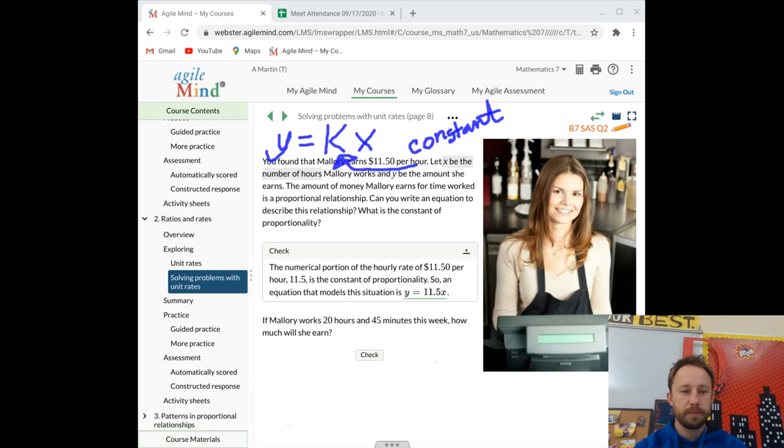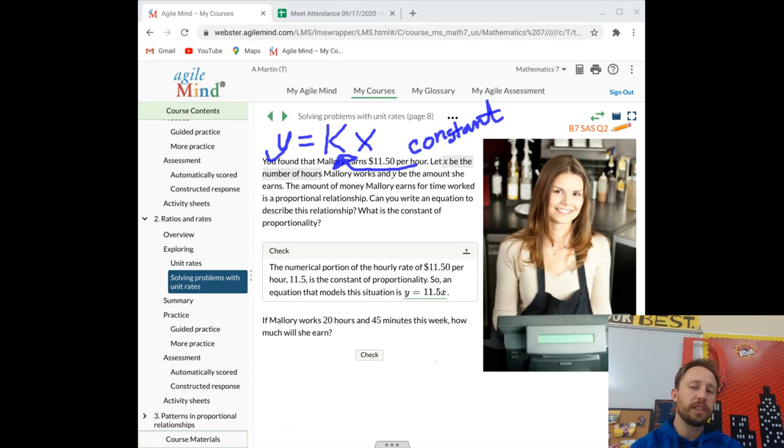Vincent said that y equals 15.5x, and basically 15.5x is the constant of... Did he say 15.5 or 11.5? Oh, 11.5. Then that's the constant of proportionality. Good job. So 11.5 is the constant of proportionality.